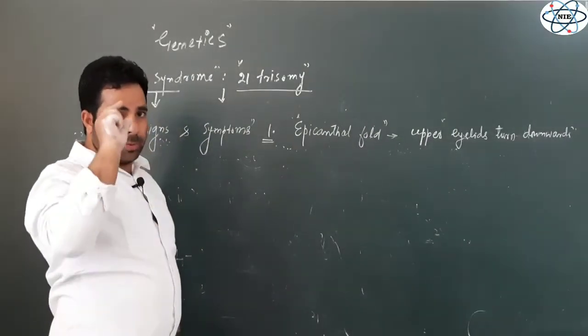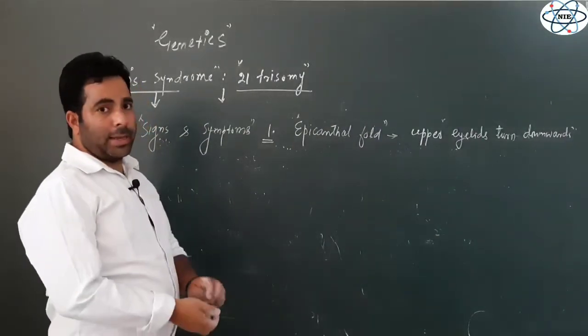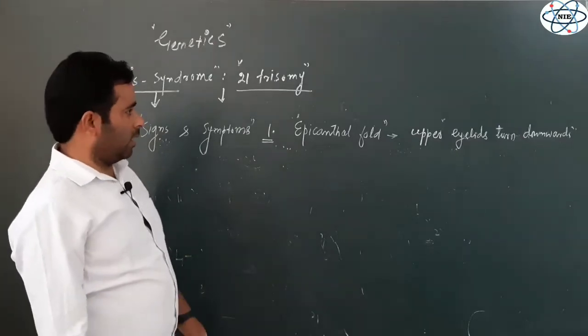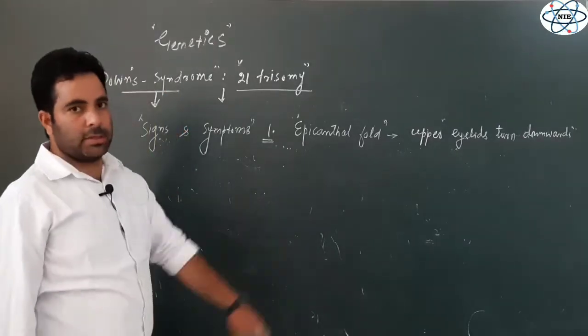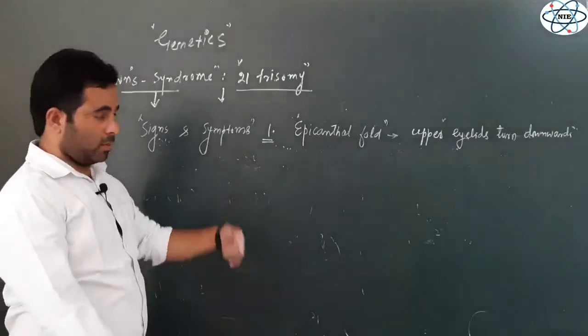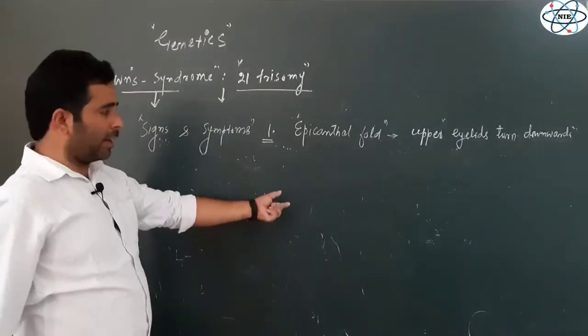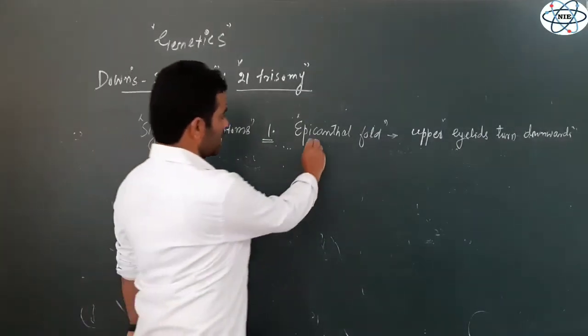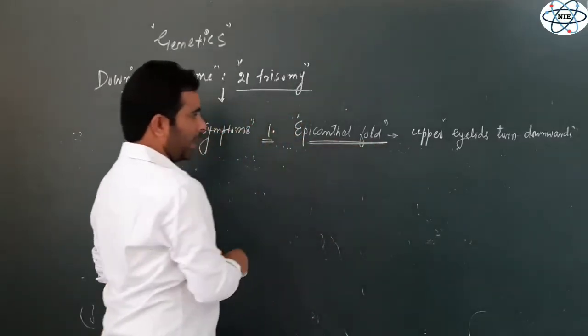There is a little space between the two eyelids, almost like an individual from the Mongolian race. That is why this is also known as Mongolism or Mongolian idiocy. But this is a defect, you know this. So this is the first sign, that's known as epicanthal fold, right?